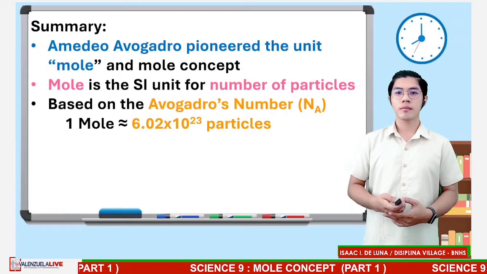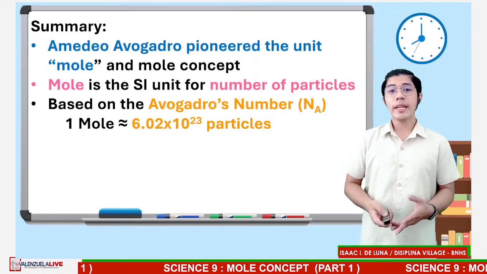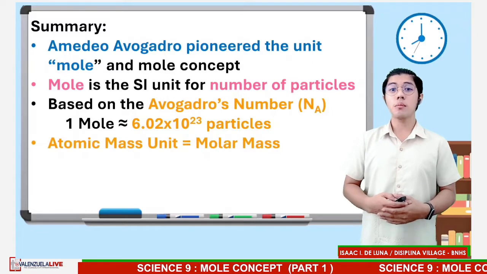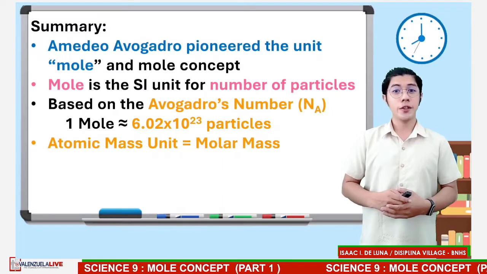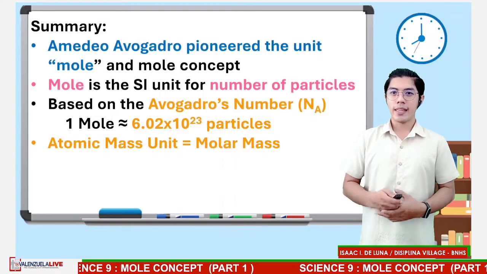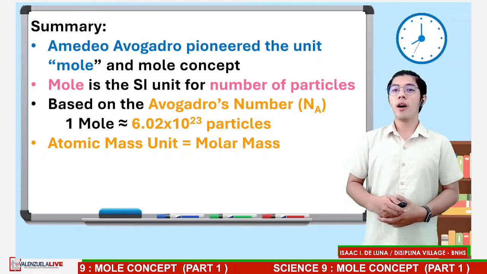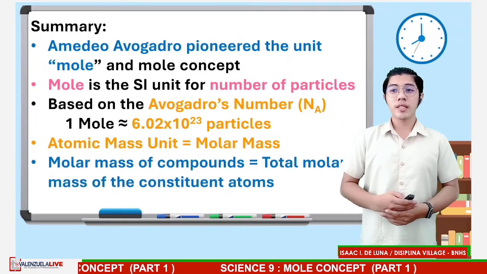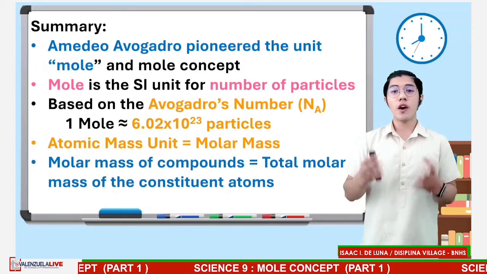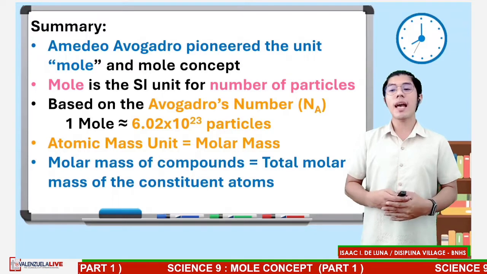Fourth, atomic mass unit is numerically equivalent to molar mass. They just have different units. And last but not the least, molar mass of compounds is equal to the sum of molar masses of its constituent atoms.